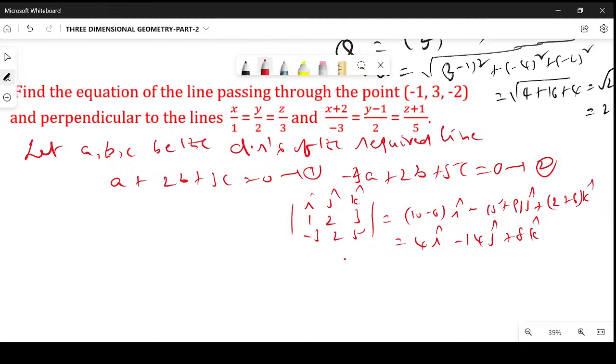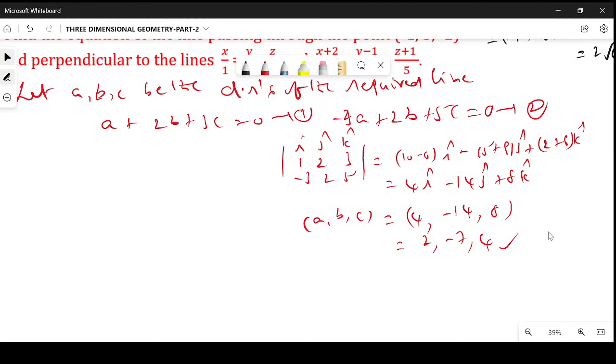Now we can write the DRs of the required line. A, B, C equal to 4, minus 14 and 8. Only the ratio matters for DRs, so I can simplify: 2, minus 7, 4.